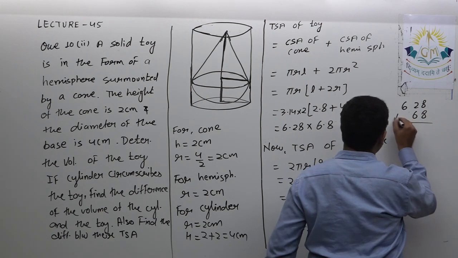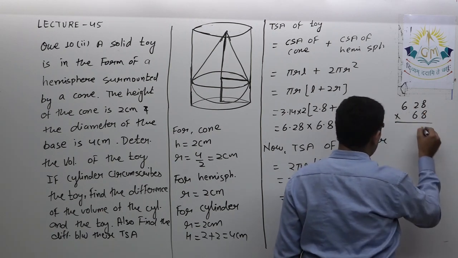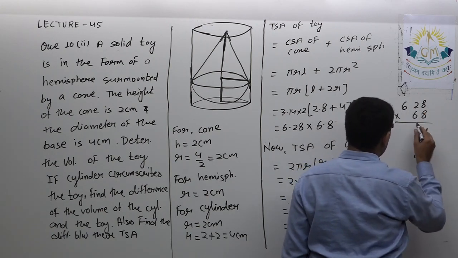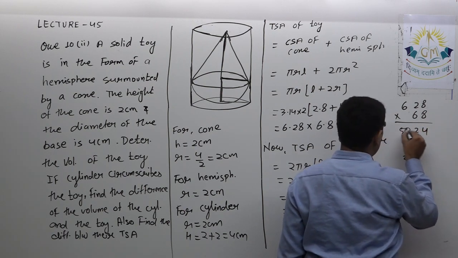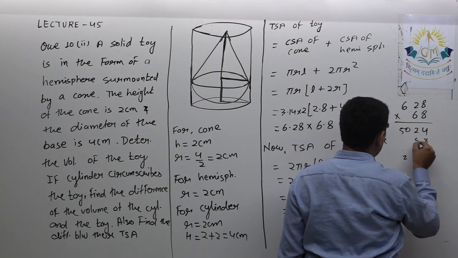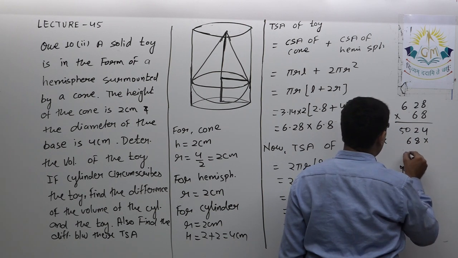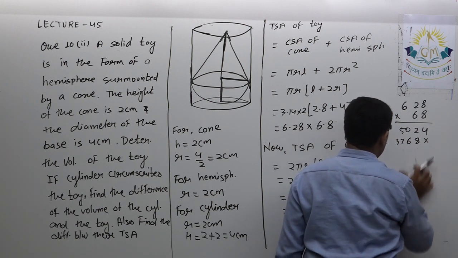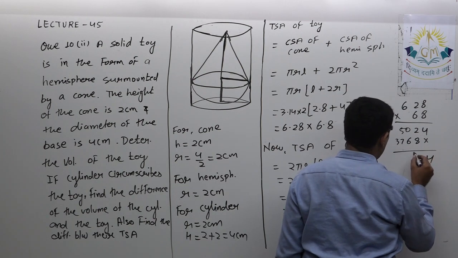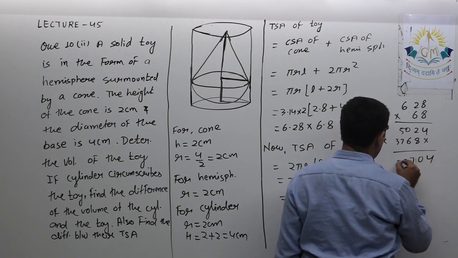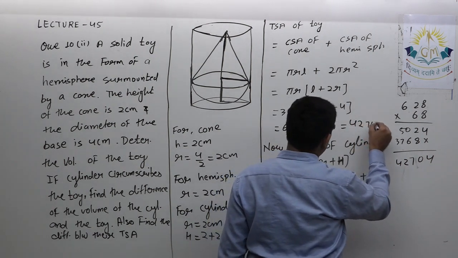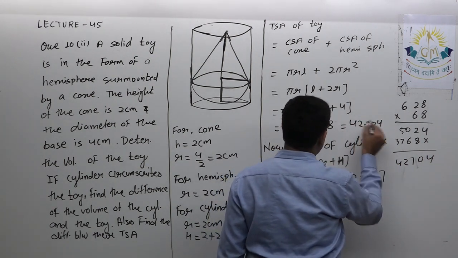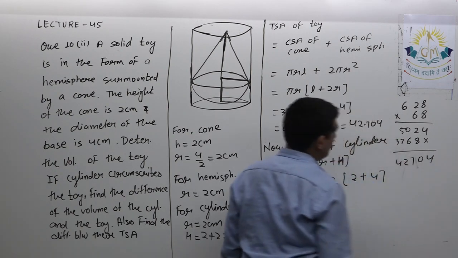So let us multiply these two. This is actually equal to 42.704.